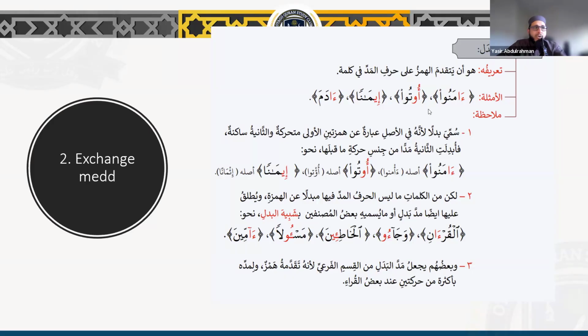So that's why some people consider this mad as not necessarily something that's associated with the natural mad. However, we are considering that because for us, we are following the qira'ah of Imam Hafs and Asim, and Imam Hafs only considers two harakat counting for the exchange badal mad.